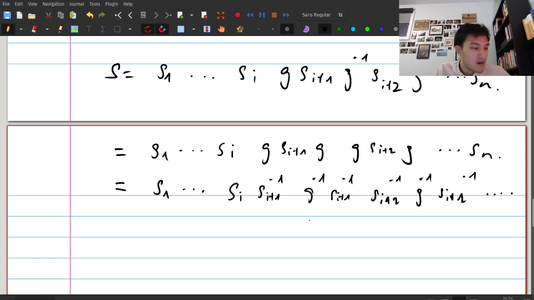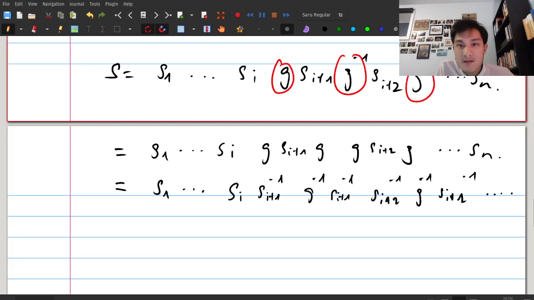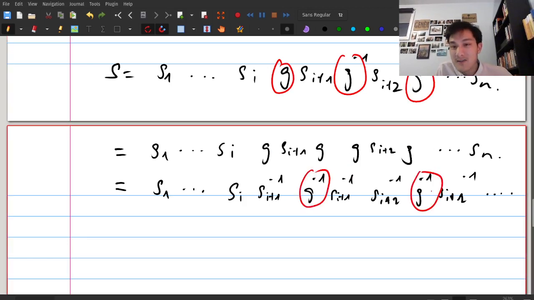But now we've reduced the number of G's by 1. Let's count. In the beginning we had 3 G's, and now we made 4, just temporarily, and then we reduced it so there's a G here and a G here. In fact, they both became G inverse, so we can do the previous step again, where we reduce it even more. So it just keeps reducing.